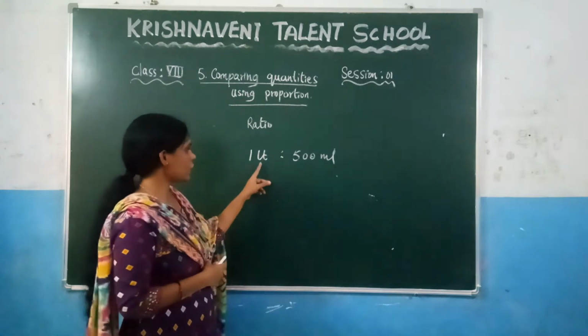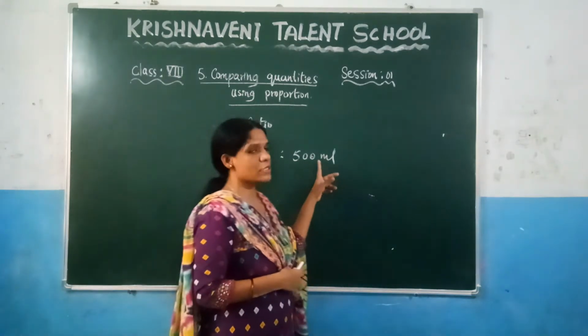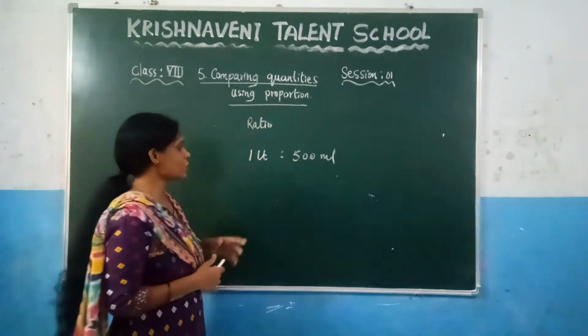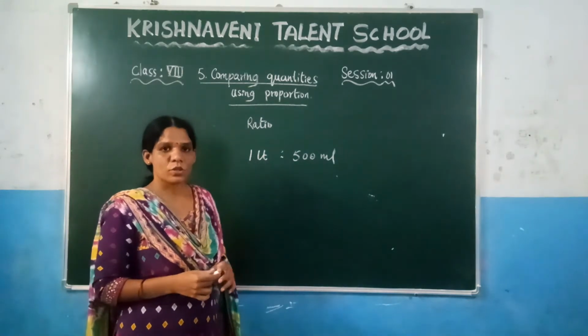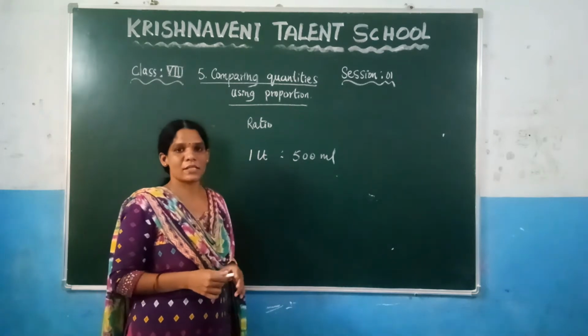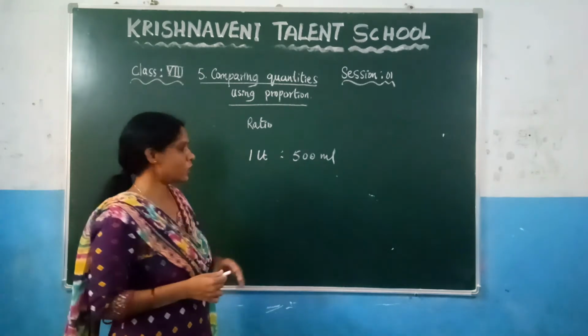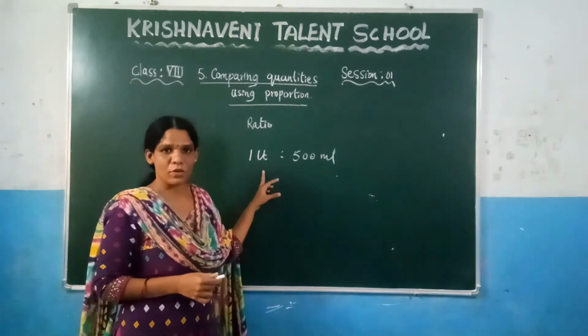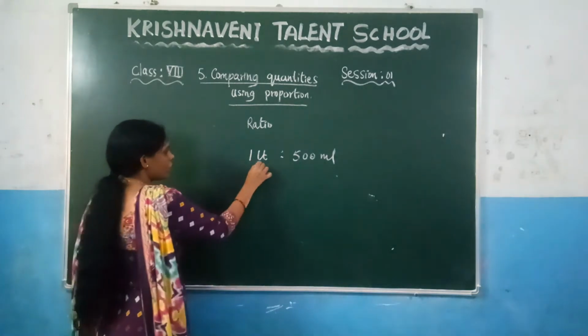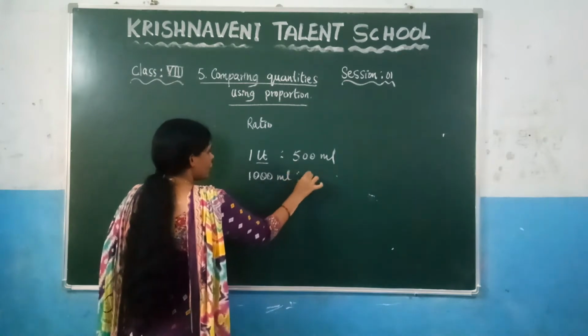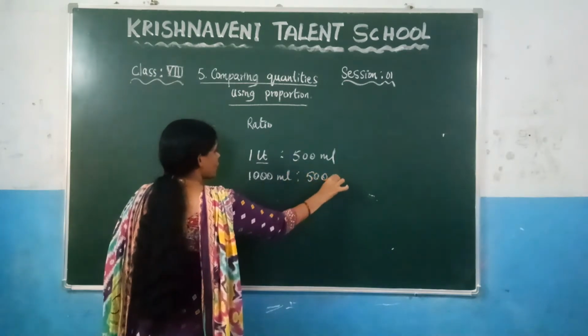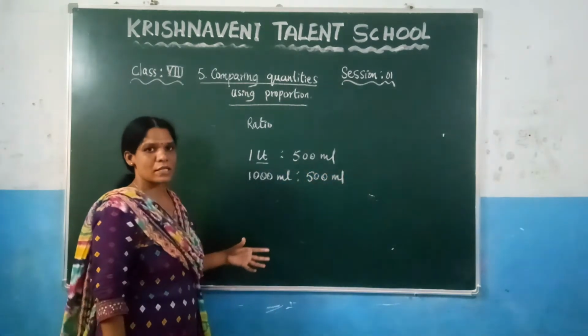Here the unit is liters and here the unit is milliliters, so the units are not the same. You need to change them to the same unit, and you know that 1 liter is equal to 1000 ml. So in place of liter you can write 1000 ml, and here 500 ml is there. Clearly the units are the same.